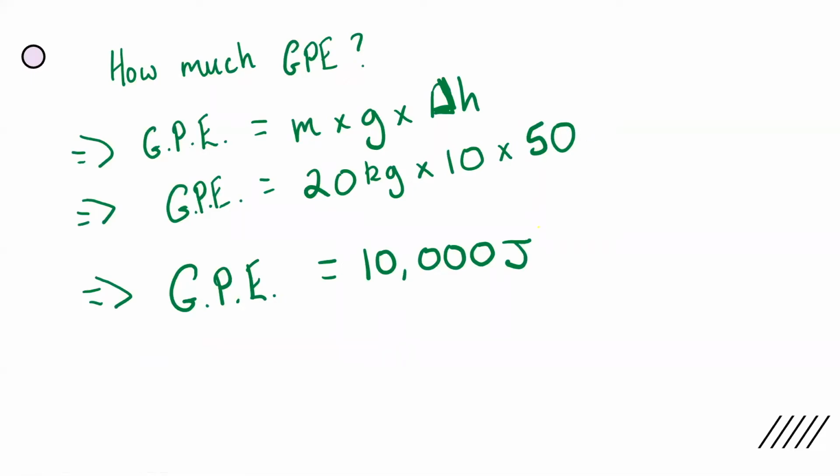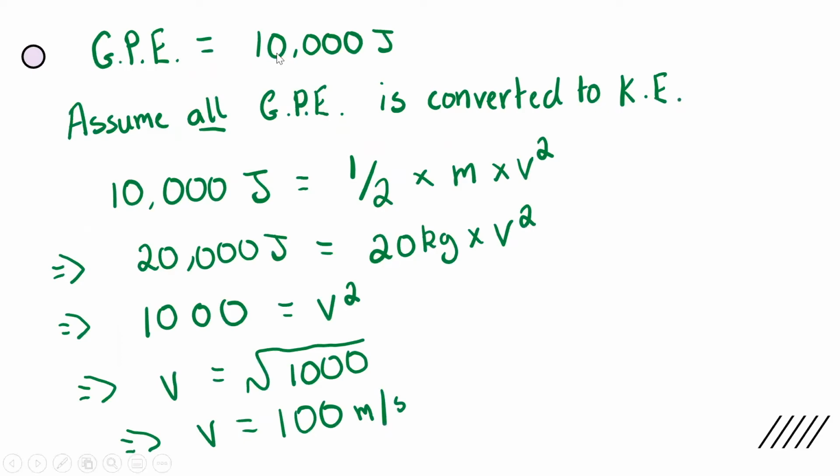So GPE is quite high here, it's about 10,000 joules. That's the gravitational potential energy just from lifting it up. We're going to assume all GPE is converted to kinetic energy when it drops. Often you'll see it will be all converted. Obviously this is an ideal situation. We'll talk about why in real life this may not happen.